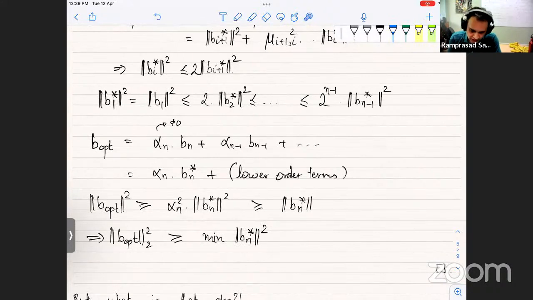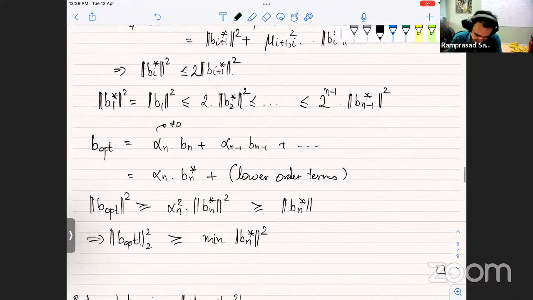But I know for a fact that whatever is the smallest Gram-Schmidt vector, b1 is no more than 2 power n minus 1 times that vector. But sorry, 2 power n minus 1 times the norm of b1 is at most the smallest bn star.